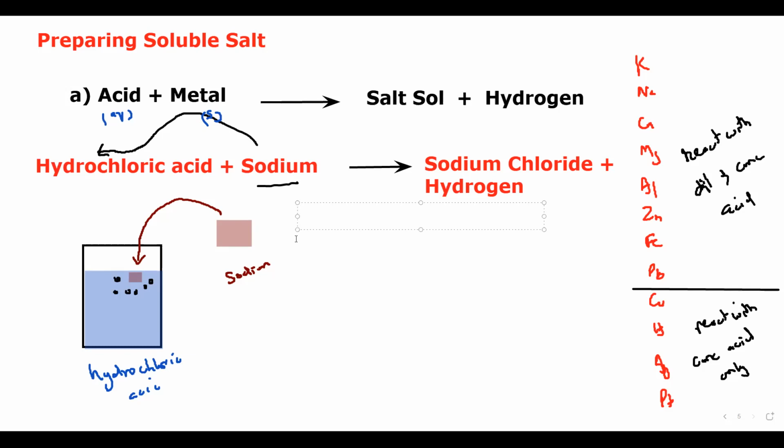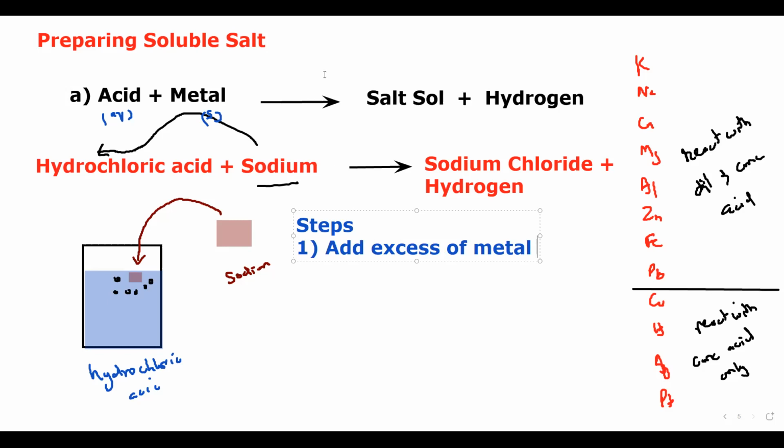So what are the steps? Because in the exam it is important that you write the steps of how you prepare this salt. So what are the steps to obtain a soluble salt from a reaction between acid and metal? Number one, we will add excess of metal. What is the meaning of excess of metal?